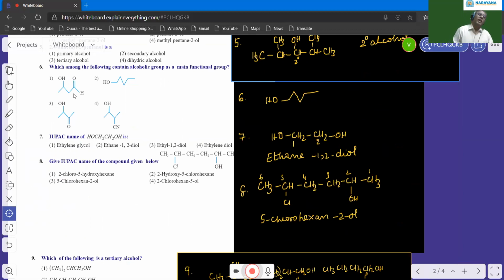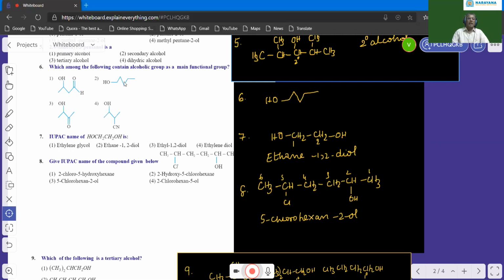When aldehyde and OH group are there, aldehyde becomes the principal functional group and OH becomes a substituent. In the third option, you find ketone and alcohol. When both are present, the ketone is the principal functional group and OH is the substituent. Similarly, in the fourth option, cyanide and OH both are present, so cyanide is the principal functional group and OH is the substituent.